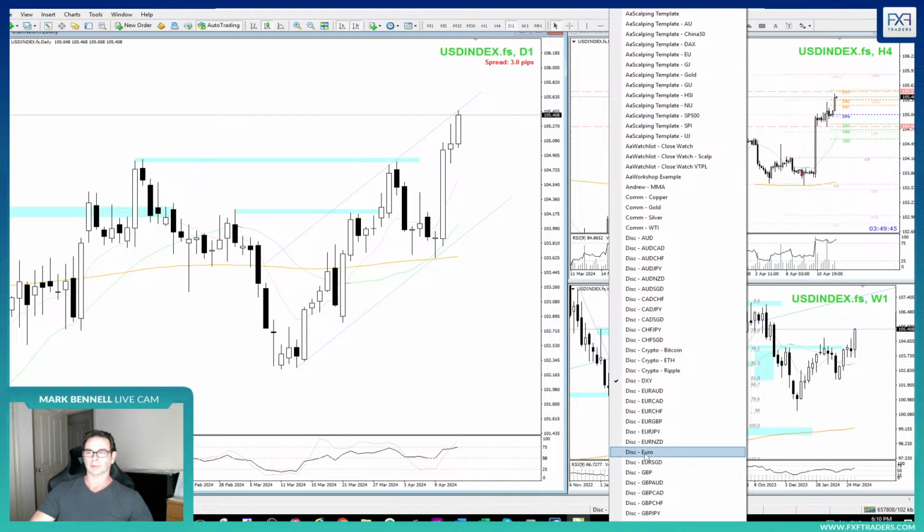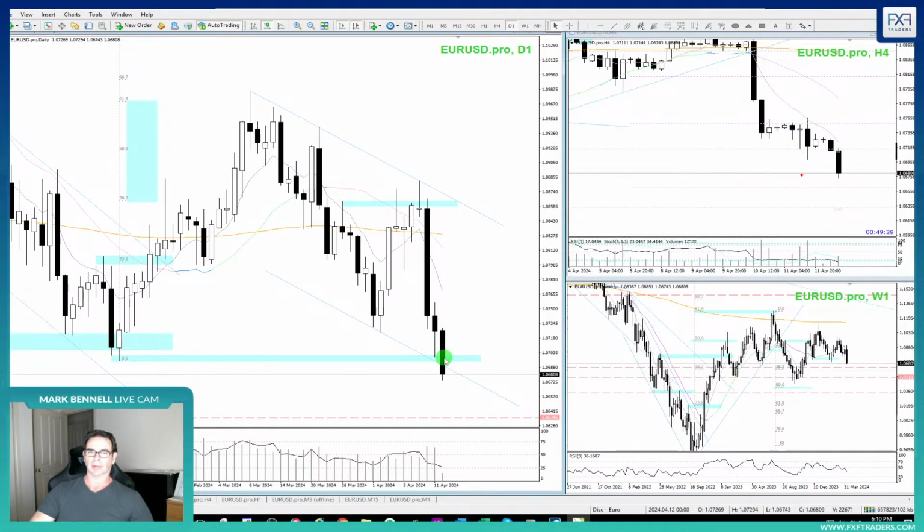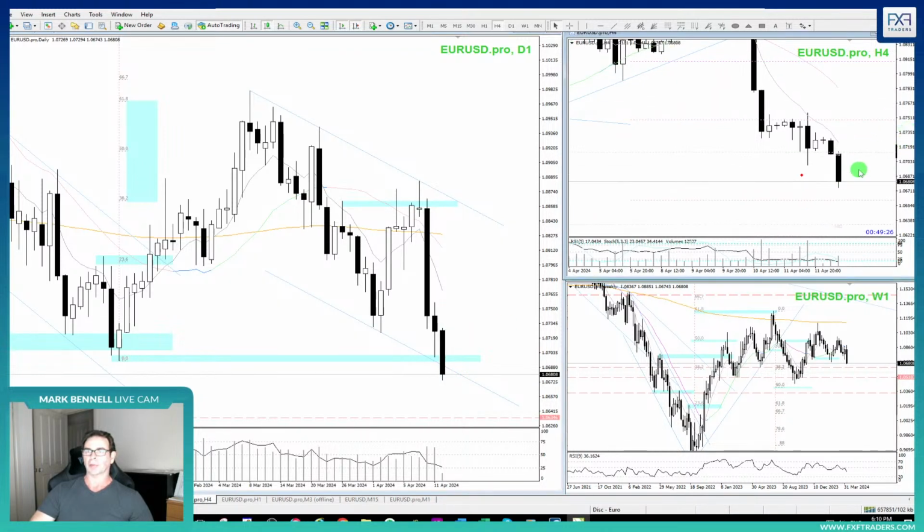Euro. It's pushing lower. Remember, I spoke yesterday about waiting for the setup in here. You can see that didn't trigger. We've got an outside bar here where we're pushing through the low, a little bit of a quasi smash day there. So this will be interesting. Still looking for a push back up.